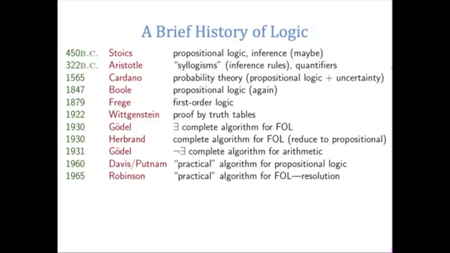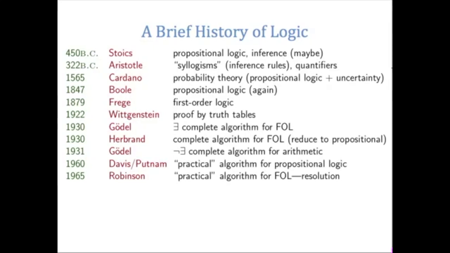In other words, Gödel showed that such a thing had to exist, but he didn't give it to us. Herbrand gave us one basically by showing that you could reduce first order logic to propositional logic. Gödel, a little later, showed that there was no complete algorithm for arithmetic, which of course makes mathematics interesting.